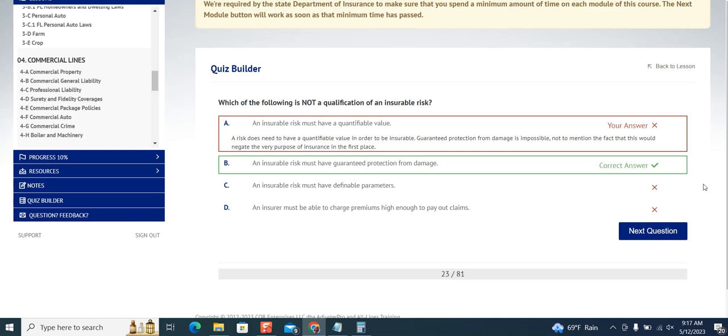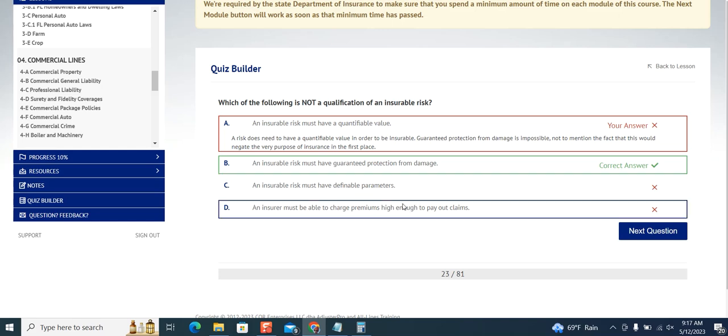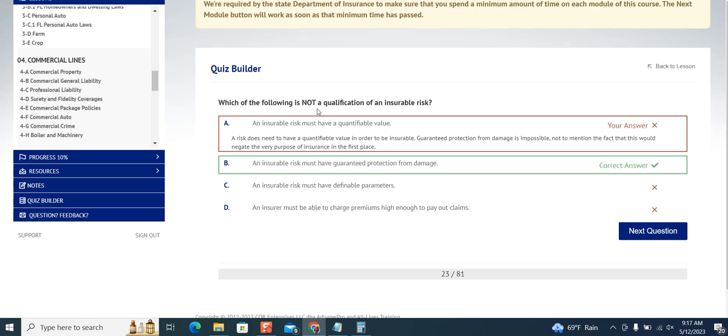Which of the following is not a qualification of insurable risk? A risk does not need to have a value in order to be insurable. Guaranteed protection from damage is impossible. Oh wait, that's what I clicked. My bad. I'm reading the wrong thing. Which of the following is not a qualification of insurable risk?